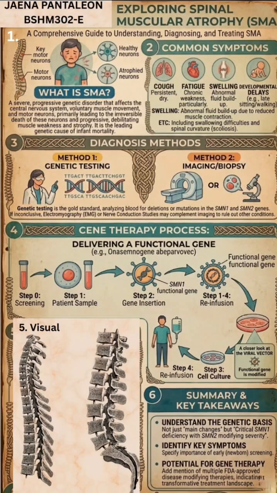And next, for the second one, we have to prioritize early newborn screening to catch symptoms before SMA progresses. Okay, so if you see your child has some developmental delays, then I think you should see a doctor or a specialist. Next, we have to leverage the transformative potential of gene therapy. So those are the 3 pillars of how we manage SMA.